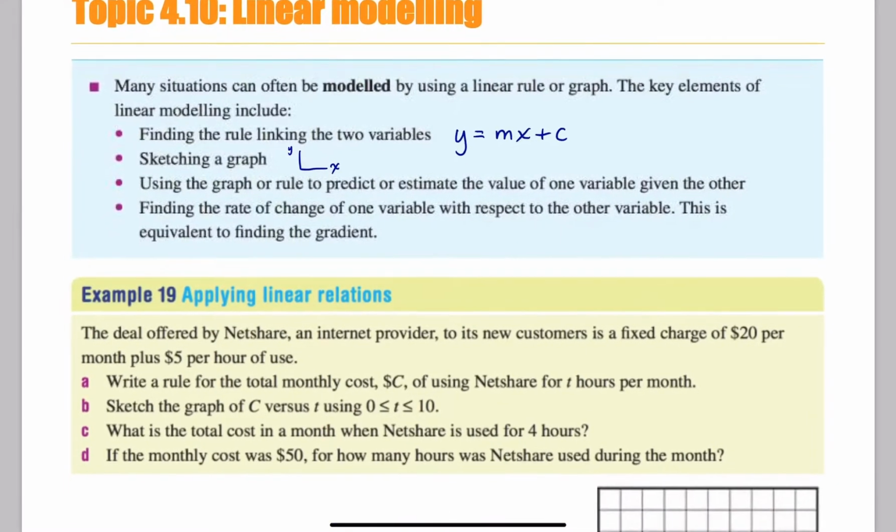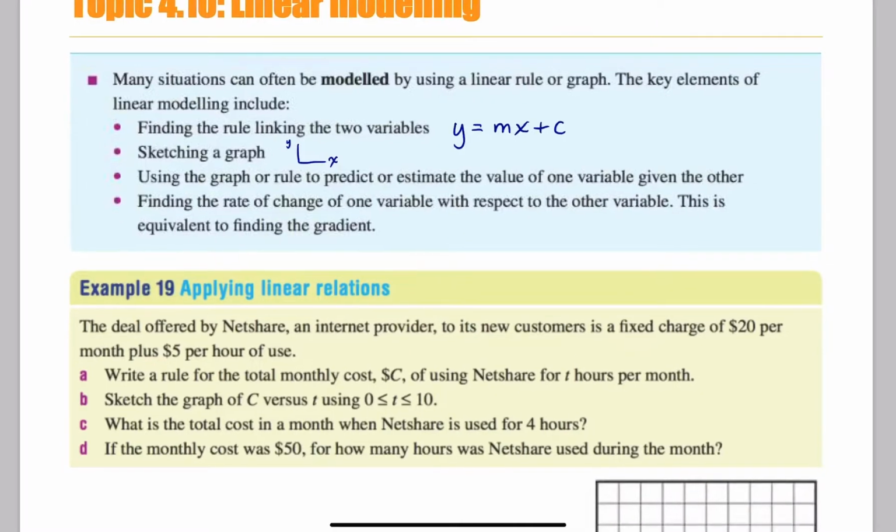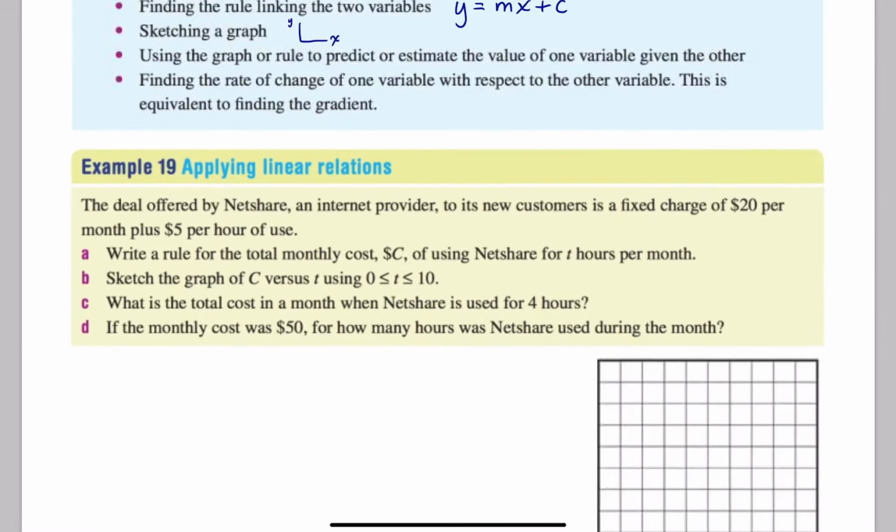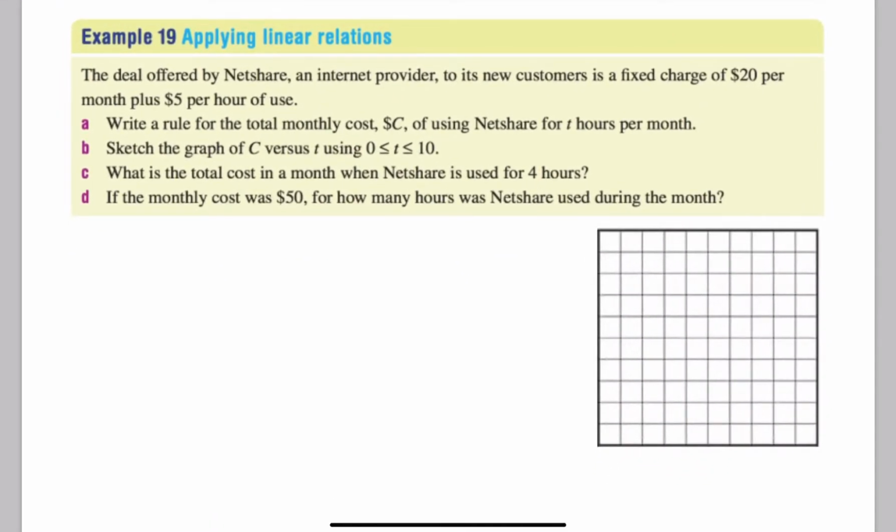We are also using the graph or rule to predict or estimate the value of one of the variables given. We're also finding the rate of change of one variable with respect to the other. So that'll be made clear as we go through this. This is equivalent to finding the gradient. Okay, let's have a look at one example here. So remembering that y equals mx plus c.